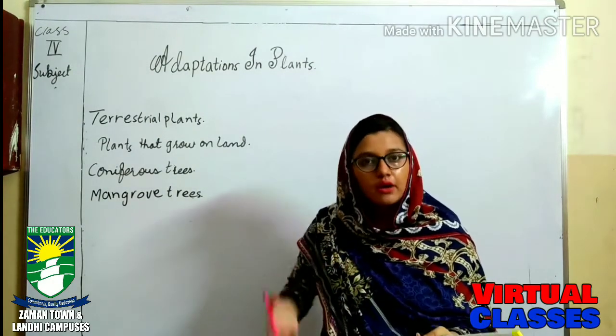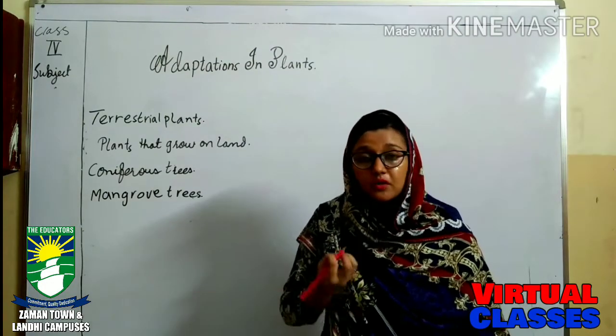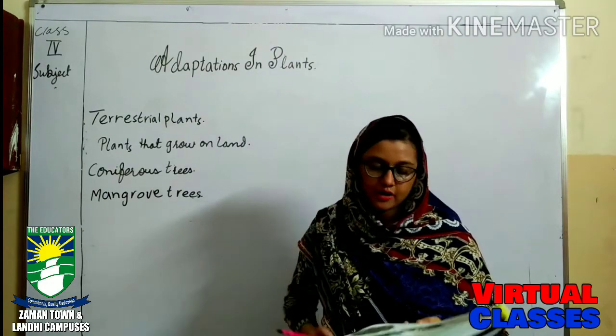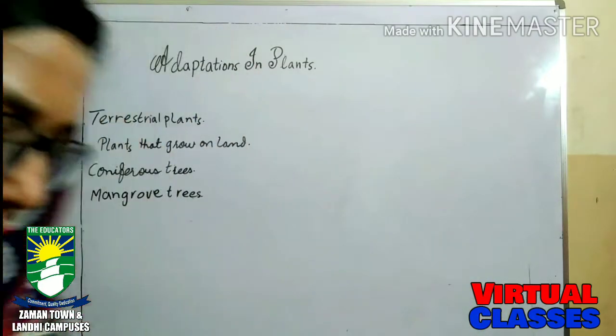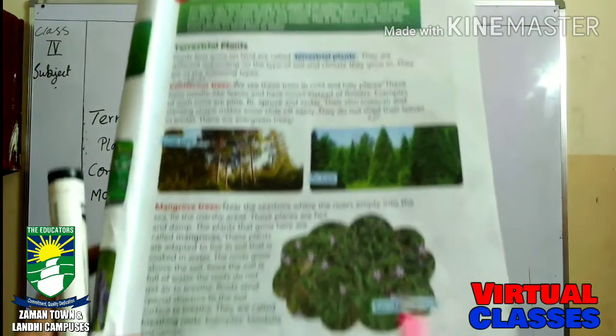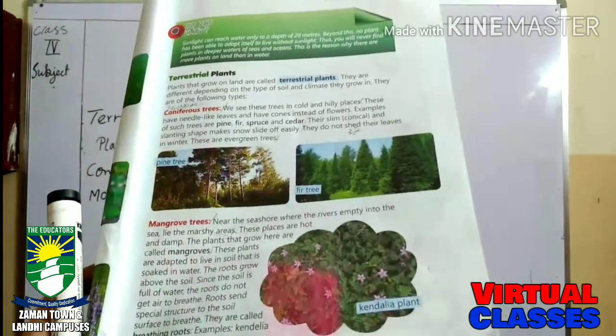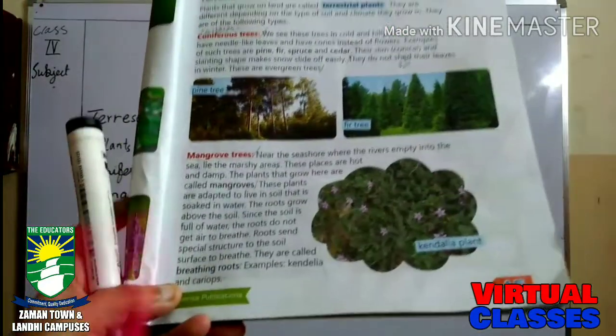The plants that grow here are called mangroves, and they have breathing roots. What are they called? Breathing roots. You can see the example as well. The mangrove trees are examples, and as we know, they have breathing roots. You have to know that.